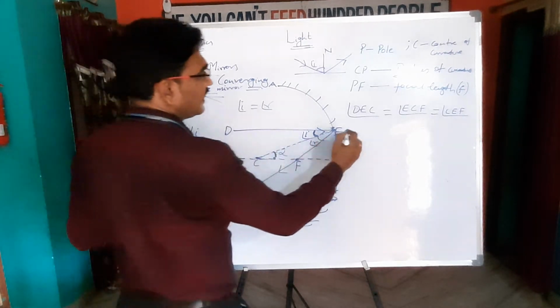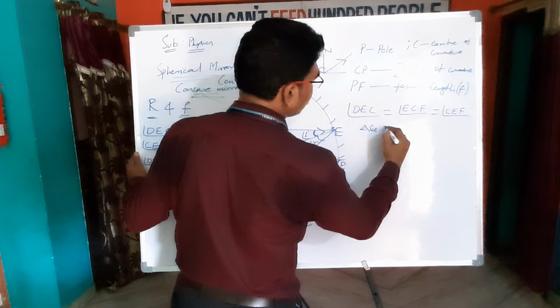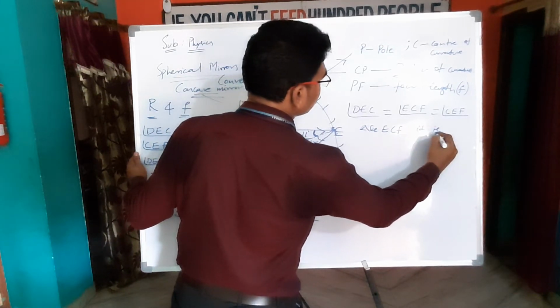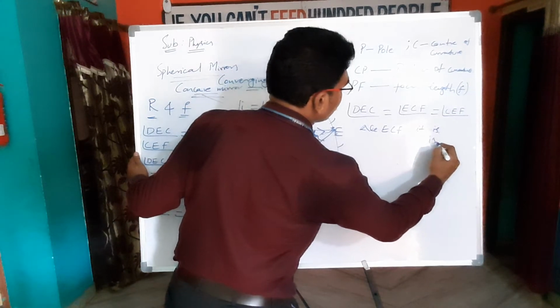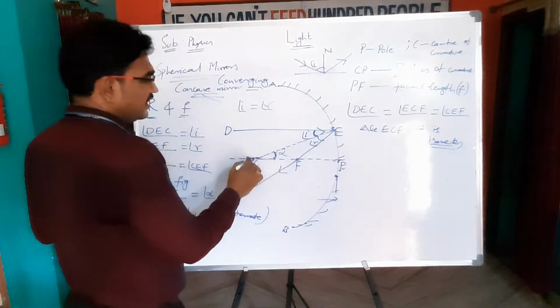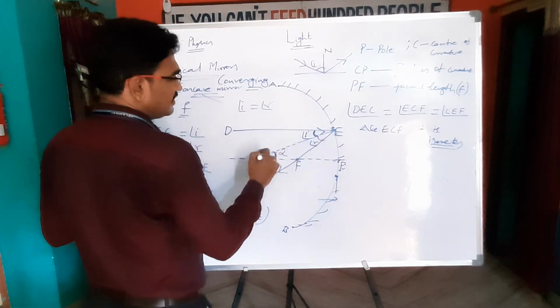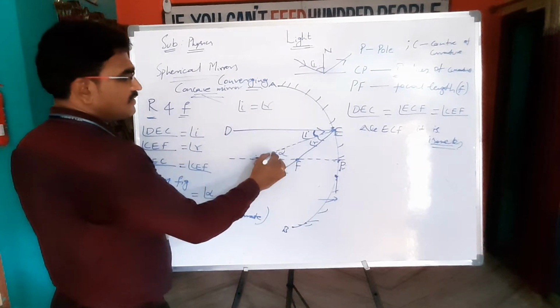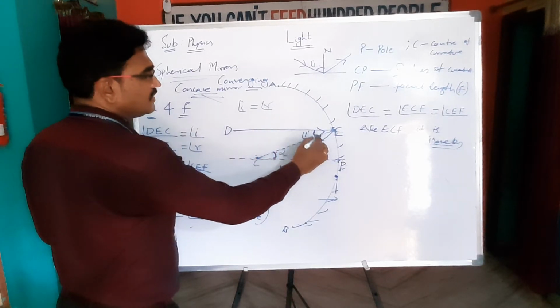So if I take triangle ECF, it is isosceles. If I take this triangle ECF, this triangle is isosceles. Why? Because this angle is equal to this angle.